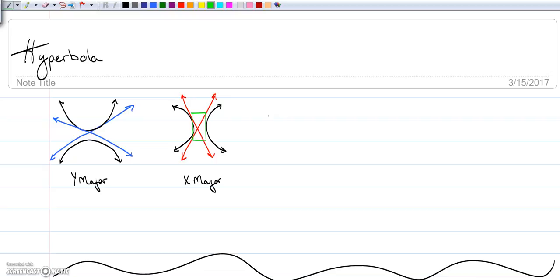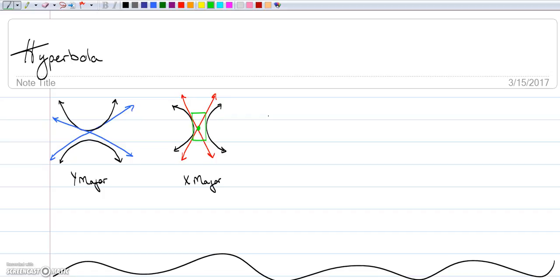These are the diagonal lines that would connect the edges of a rectangle. So our goal right now is to be able to identify this center point right here and take that center point, generate a box, and then fill in the hyperbola in the appropriate direction.